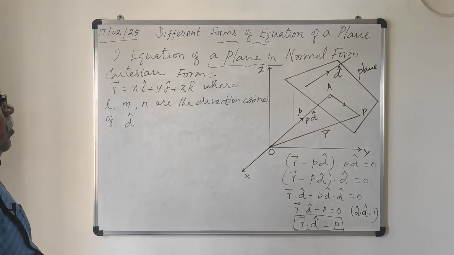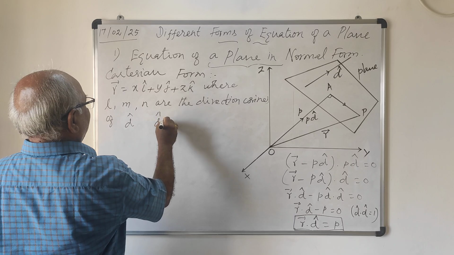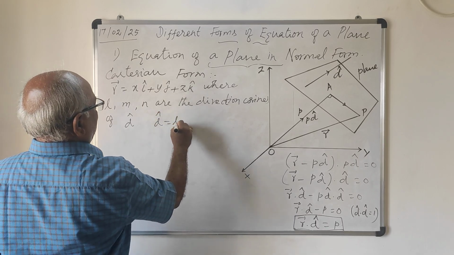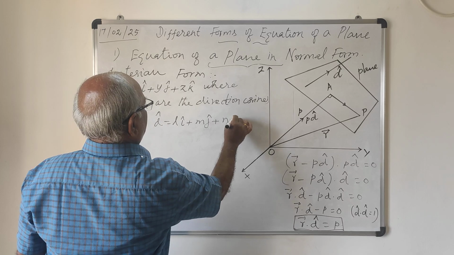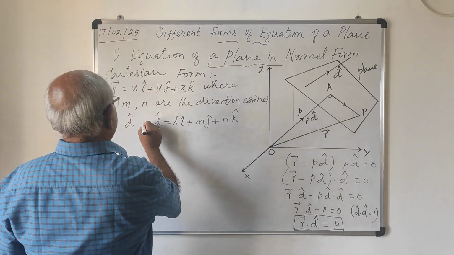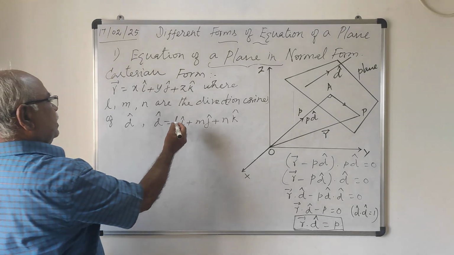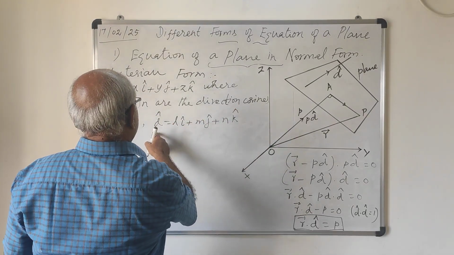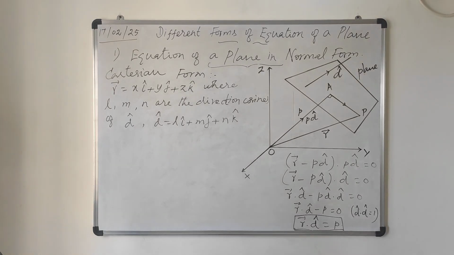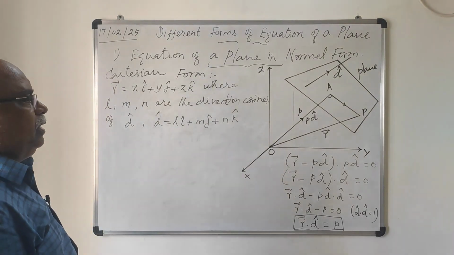Therefore d cap vector equals li plus mj plus nk. So d cap is l into i cap plus m into j cap plus n into k cap, the unit normal vector, where l, m, n are the direction cosines of the unit vector.